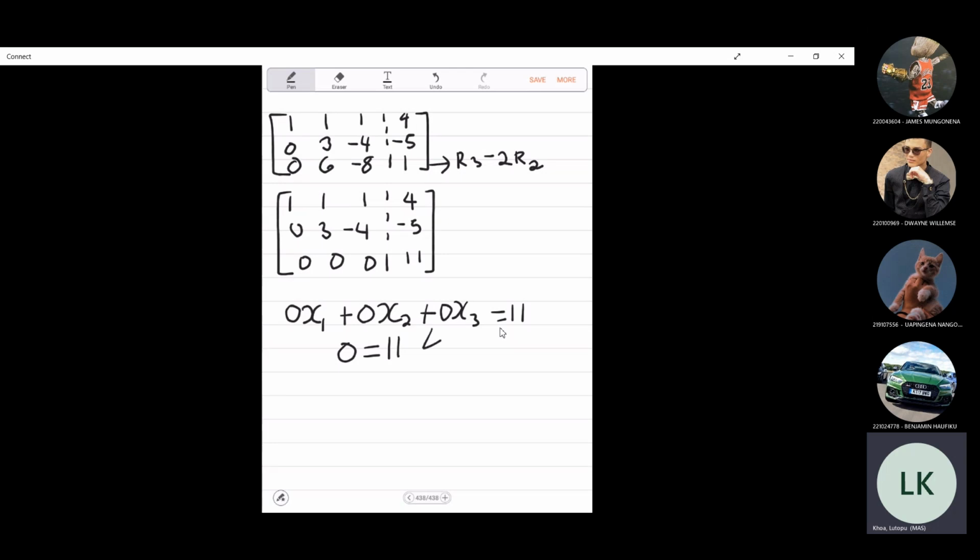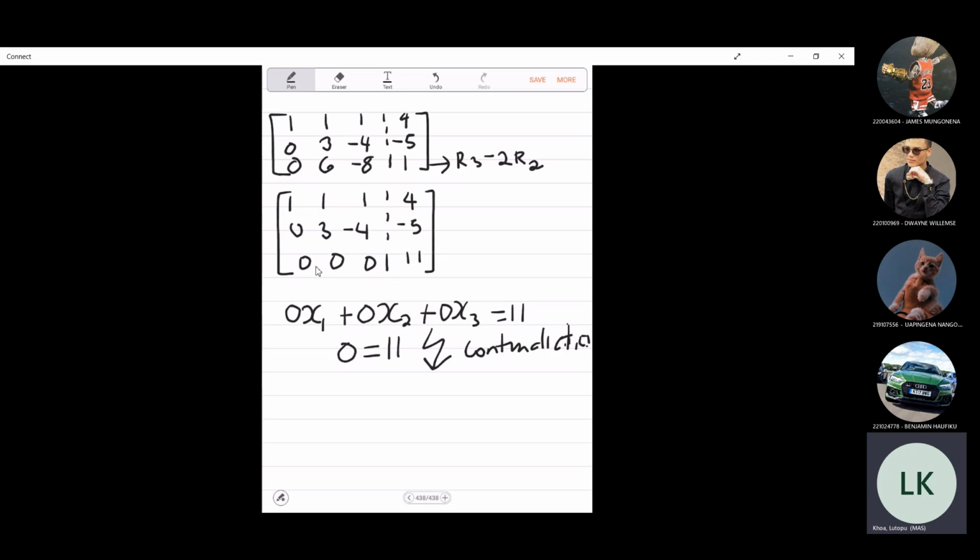So this is what we call a contradiction. Okay, so it is not possible. With the other one, we got 0, 0, 0, 0, which makes sense, but there's no way you can add 3 zeros and then the answer is equal to 11.